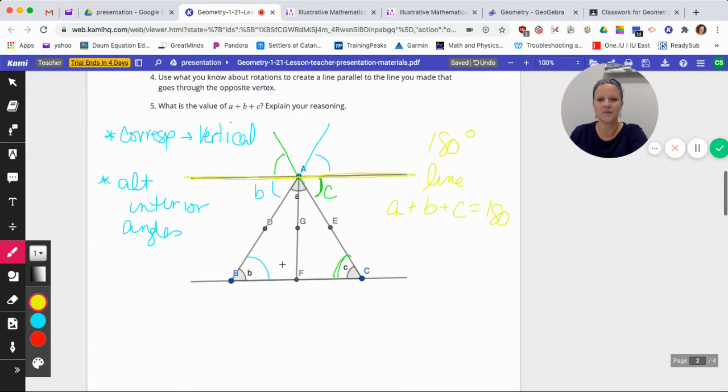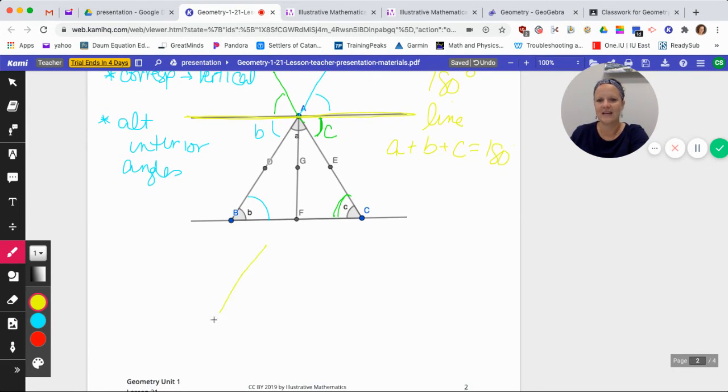We just proved that in any triangle, angle 1 plus angle 2 plus angle 3 will always, always, always be 180 degrees. And we proved that by using parallel lines and alternate interior or corresponding and vertical angles. Isn't that cool? I think that's cool.